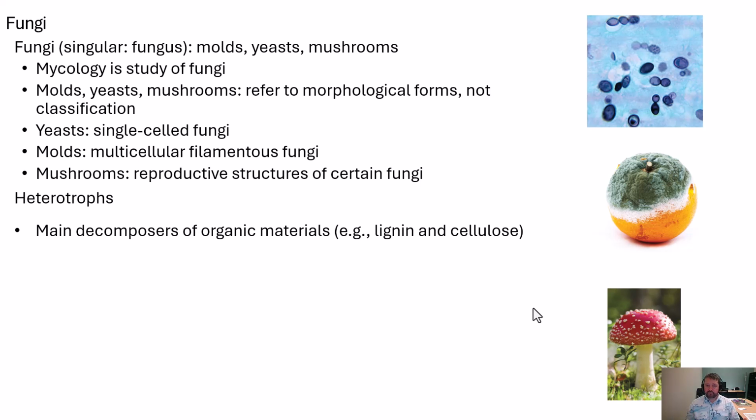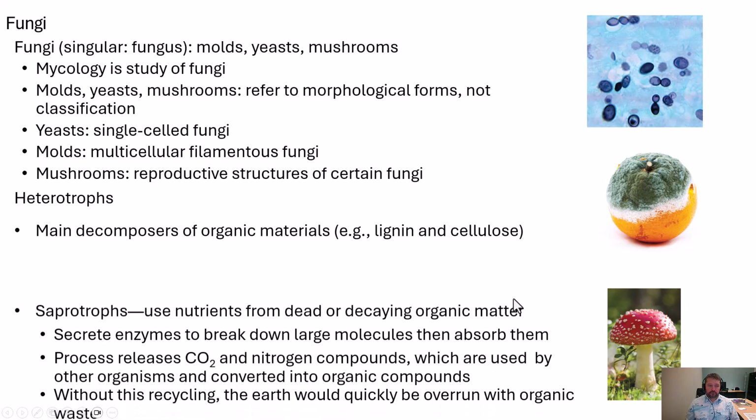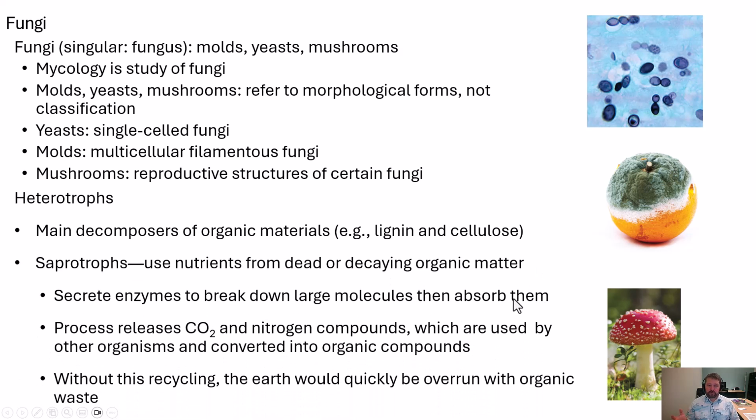A fungus can then take advantage of that waste product and break down that cellulose and get energy from it. So lots of fungi fall into the category of saprotrophs.